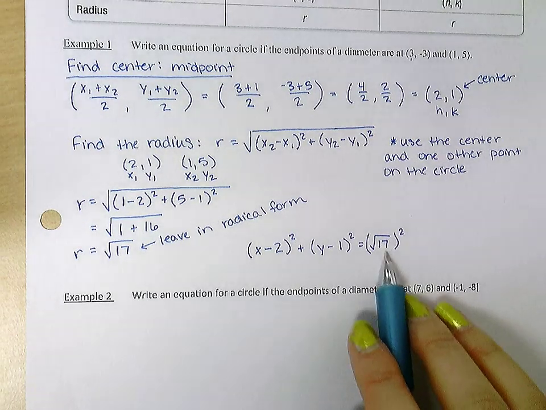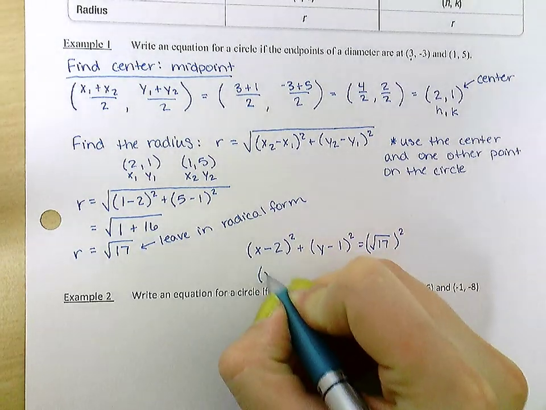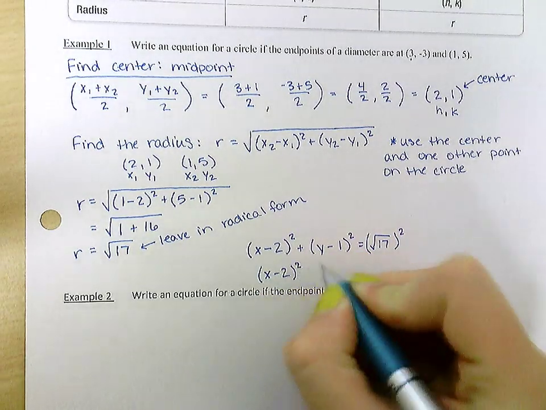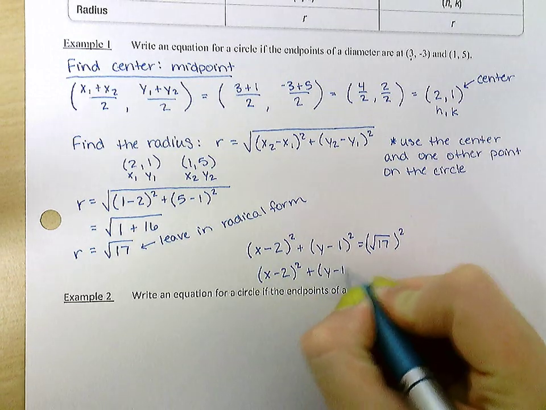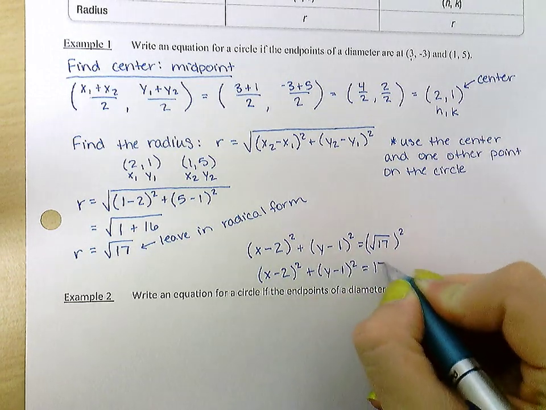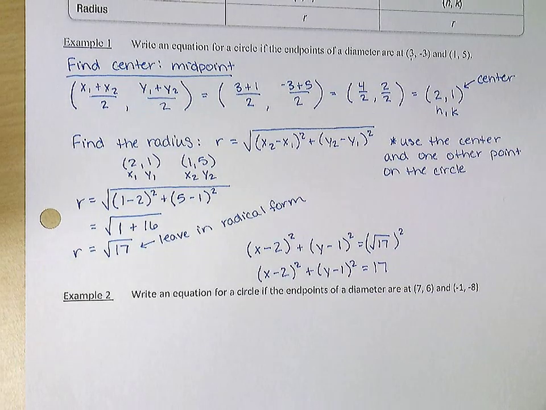Then just squaring that radius, we will have (x - 2) squared plus (y - 1) squared is equal to 17. That's why I want you to keep it in radical form, because your square will cancel out your square root.